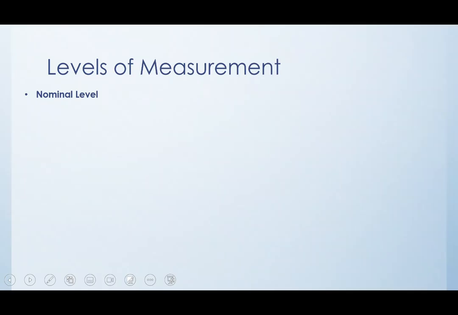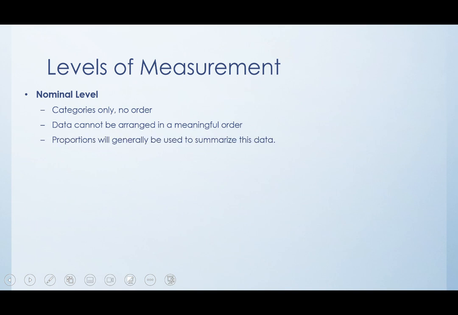The first is called the nominal level. This is when your data has categories only, and those categories don't go in any particular order. So your data can't be arranged in a meaningful order. And usually for this, we're going to use proportions to summarize the data.